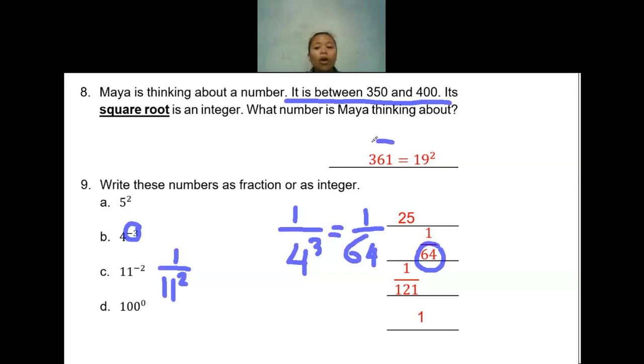The 400 will not be in here. So if you answer 361, it's also correct. No need to write it as 19 squared. I wrote 19 squared just as proof. Later when I square root the 361, the answer will be 19, an integer. So this is 19 to the power of 2. This is optional. You don't have to write it down.